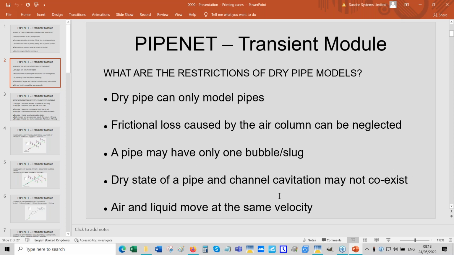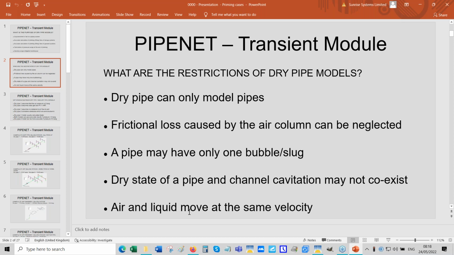And I would suggest that this limitation is really not a real limitation, because I can't think of a system where you could have channel cavitation and dry state of the pipe together, because if a pipe is dry, the cavity will collapse typically.